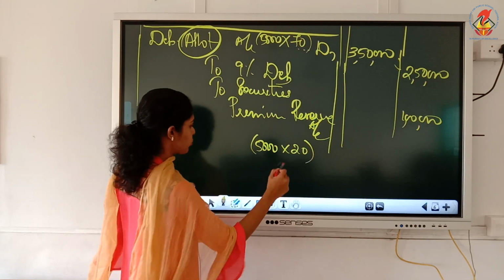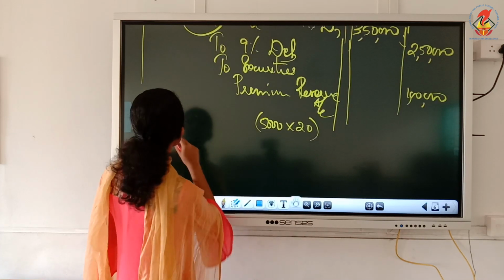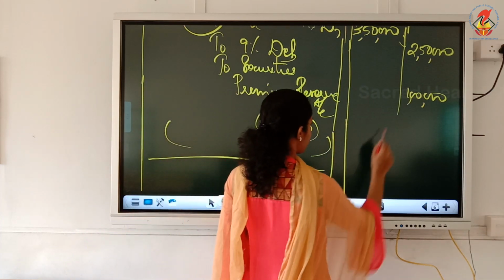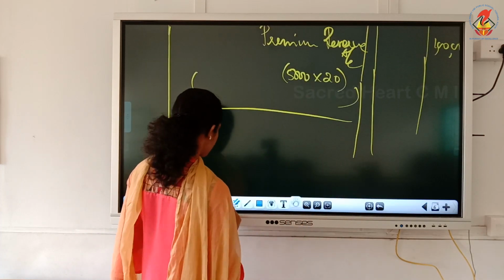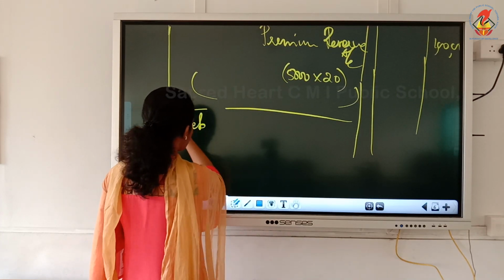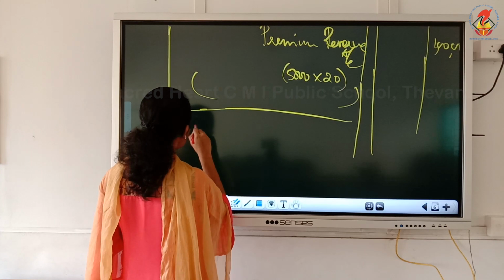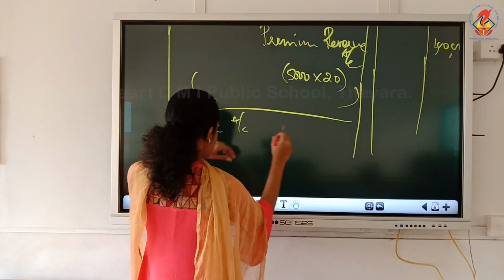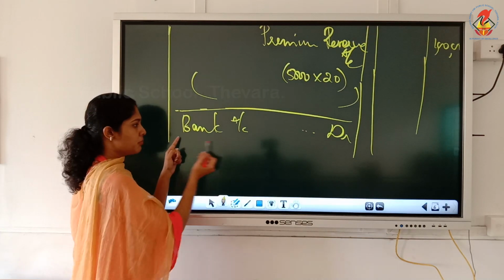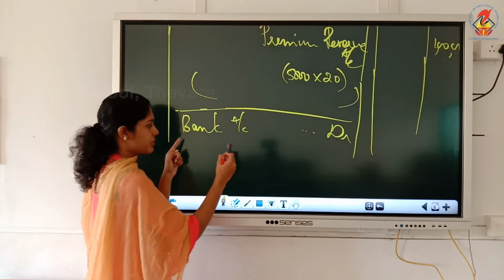Then yes, we have to write the receipt entry. With that it's over. We don't have first call and all. So now it will be the receipt entry, bank account debit to, there is no calls in arrears here, otherwise you have to open calls in arrears with the term bank. You have to debit calls in arrears.